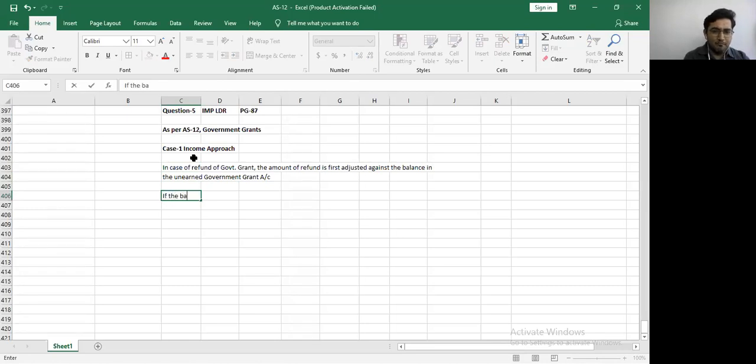If the balance falls short, debit the profit and loss account.